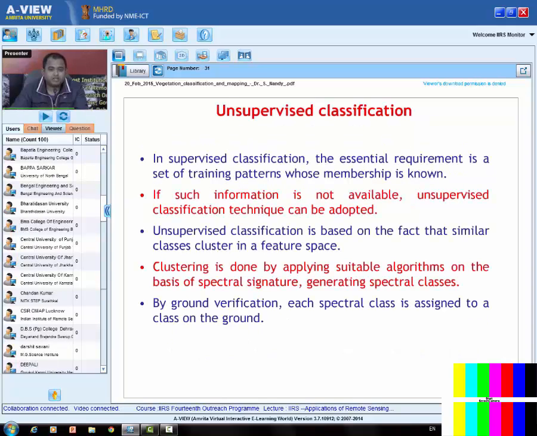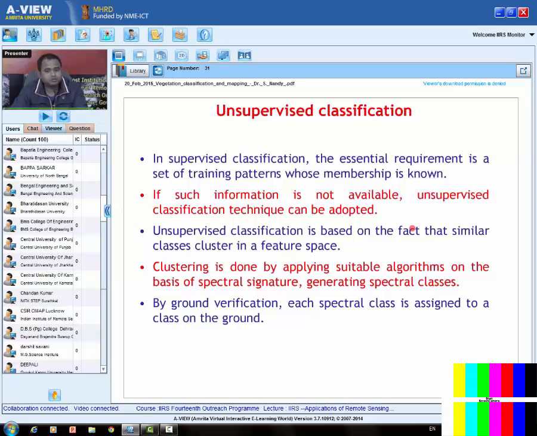Then comes unsupervised classification. In supervised classification, as I said earlier, the essential requirement is a set of training sites. If such information is not available, then they go for unsupervised classification. Unsupervised classification makes clusters of similar classes in a feature space.